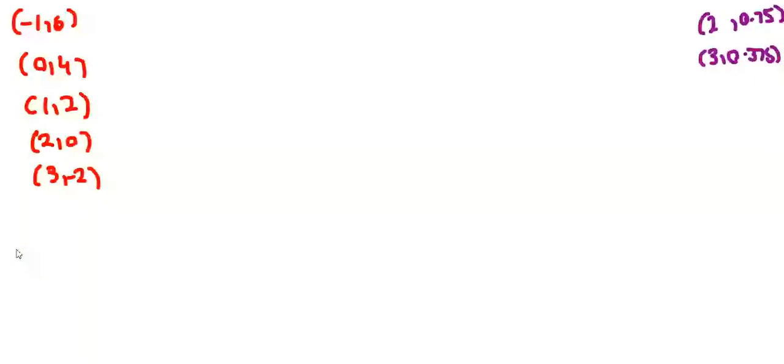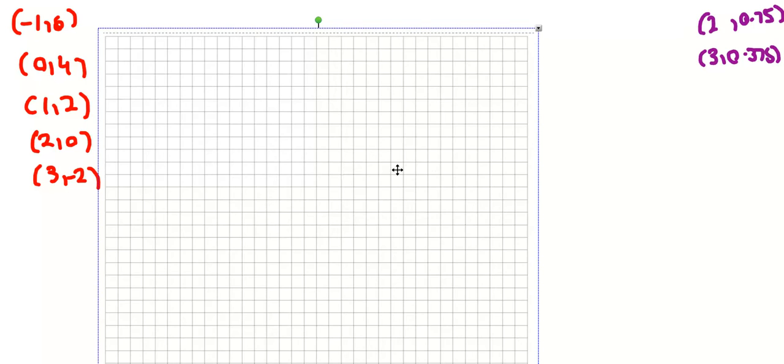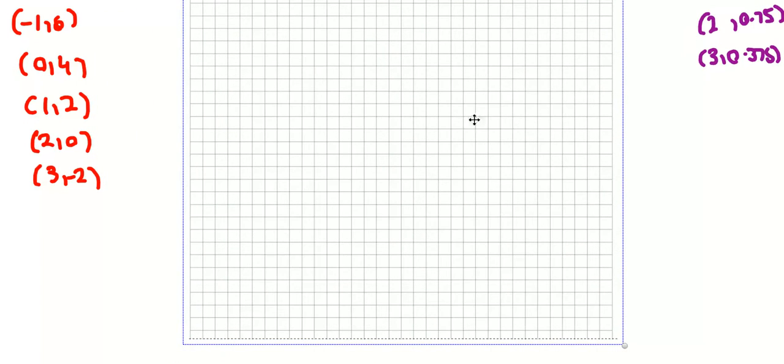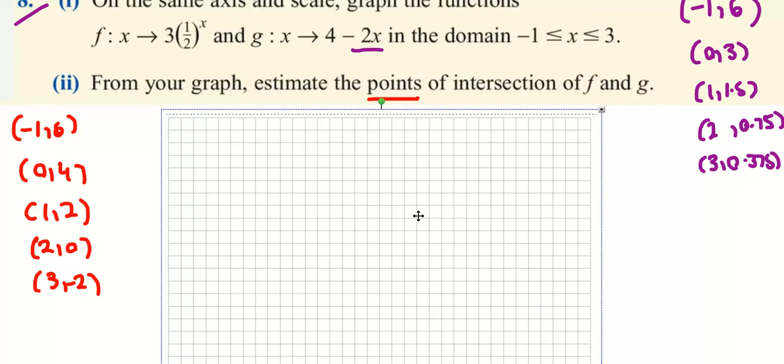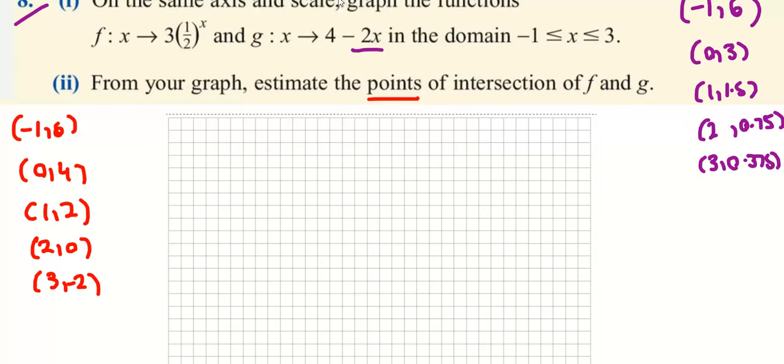So here's my graph paper. We've got the purple one, which is f of x, and the red one, which is g of x.